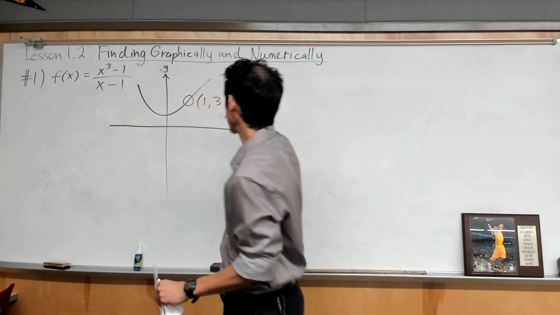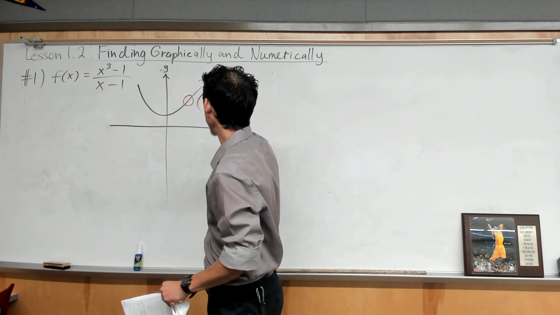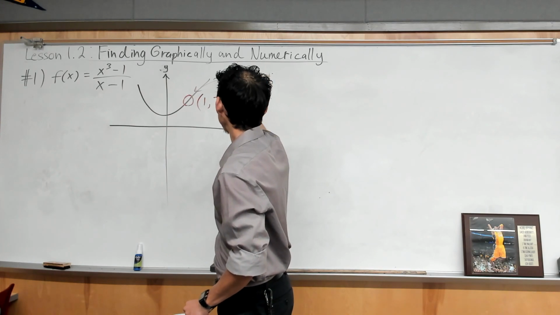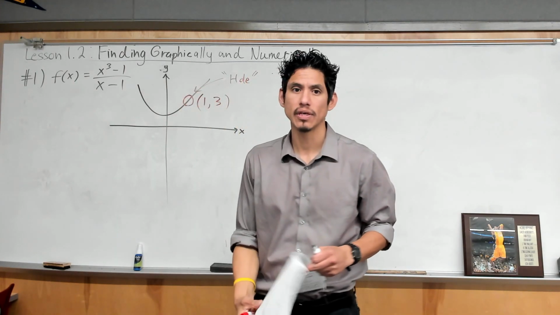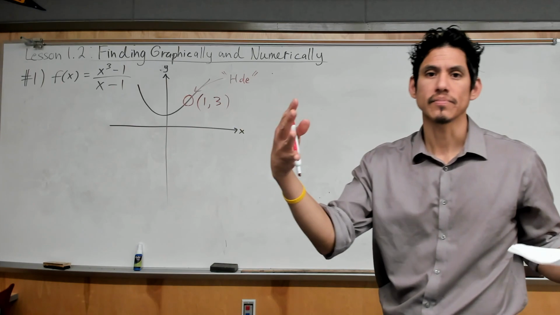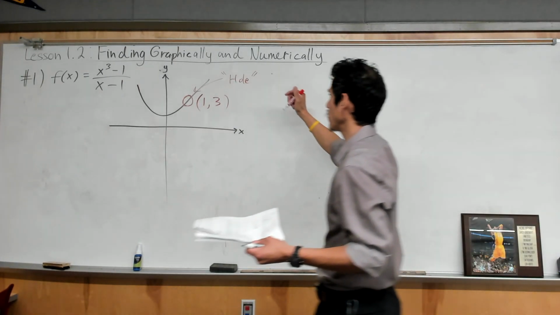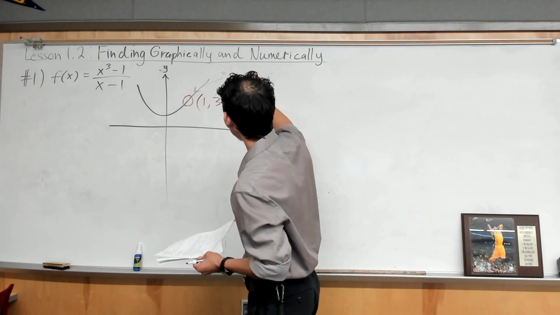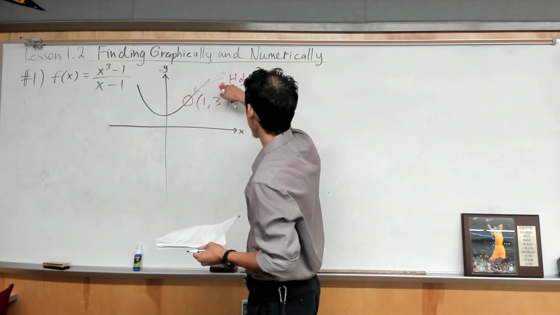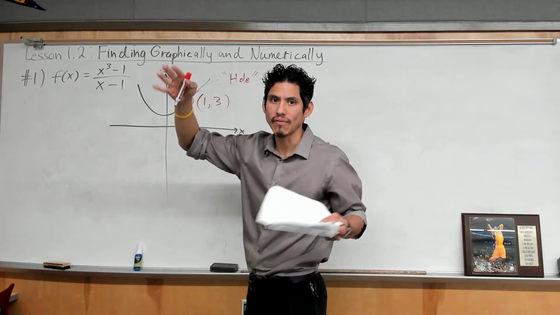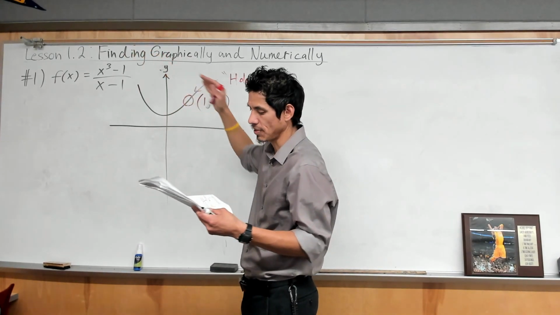Anyways, this graph is going to have what we call a hole at the point 1 comma 3. It's a point of discontinuity. It's undefined, if you want to look at it that way, but we call it a hole. That's the name that we use in math, when you have a point of discontinuity where the graph essentially skips it.